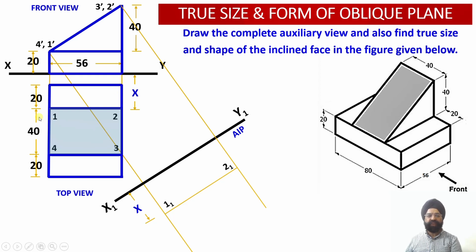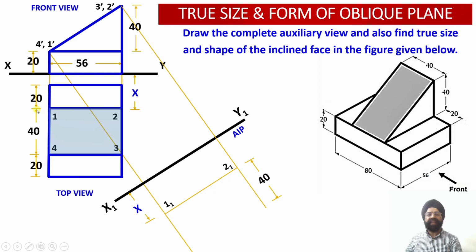Now next we know that the distance between point 1 and point 4, similarly the distance between point 2 and point 3, happens to be 40 millimeter. Now I am going to mark another distance of 40 millimeter from this surface, that is ahead of this dimension X. I have marked another length equal to 40 millimeter over here.